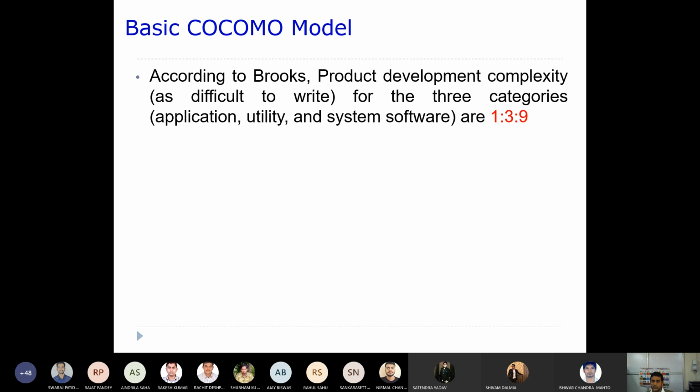If it is an application program, the complexity will be very low. If it is system software, or you are developing a program for an operating system, usually the complexity will be much higher than a simple application program.